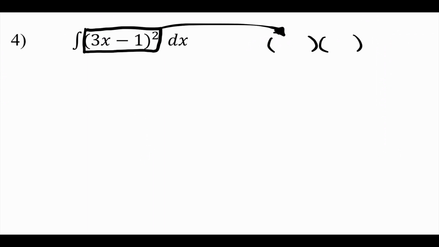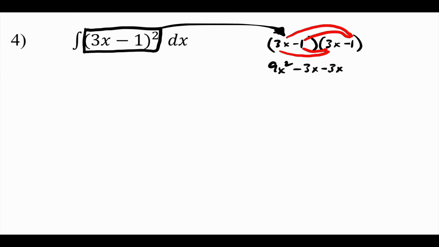Multiplication, right? FOIL or multiplication box, multiply them. First, outer, inner, last. So multiply the first terms, you get 9x squared. Multiply the outer terms, you get negative 3x. Multiply the inner terms, you get negative 3x.